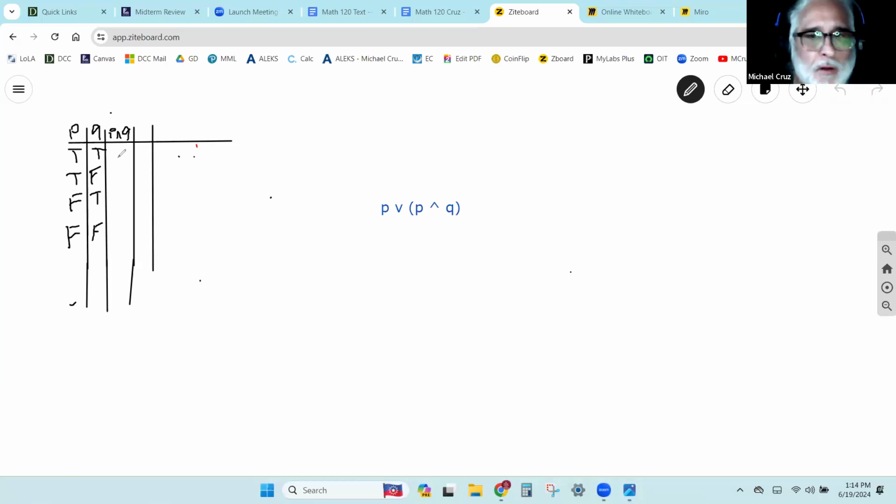So there's the P and Q. So this is true, false, false, false. And then putting these together. Yeah, I remember this now. So it's true, true, false, true.